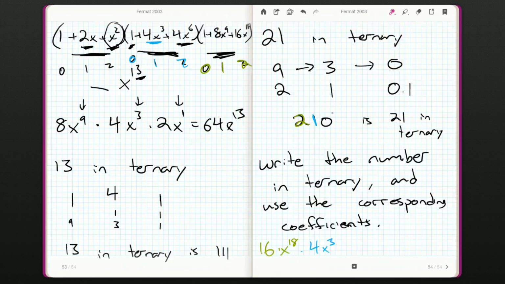And then we have 0 1s. So here's 0 1s, here's 1 1, and here's 2 1s. This is the term that represents 0 1s. So if I multiply those together, I should get 16 times 4, 64, x to the 21. And that should be the only way to get 21. Yeah, that all works out. So now let's take this and apply this to 2003.